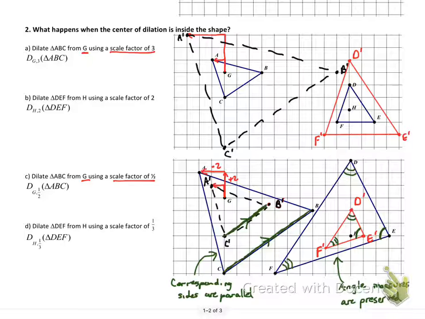Okay, let's go to the one above this. And I'm not going to try and make you discover this one. I'm looking at problem 2a, and I'm going to draw from the center of dilation a line going out through the preimage and image points. What's something that you notice?